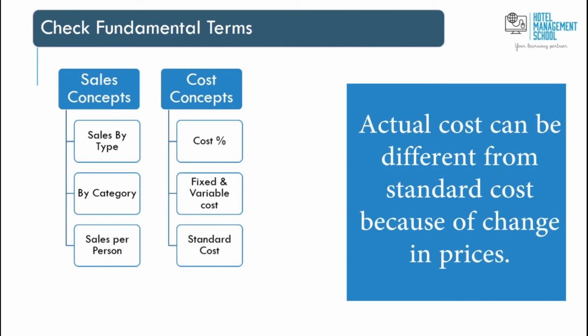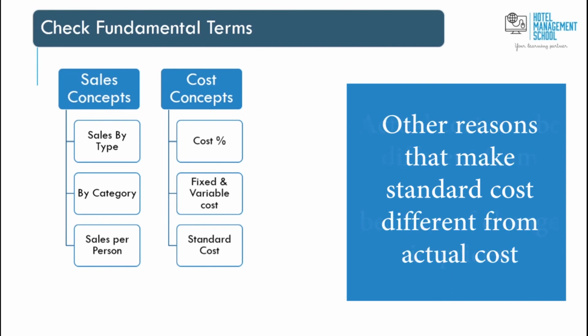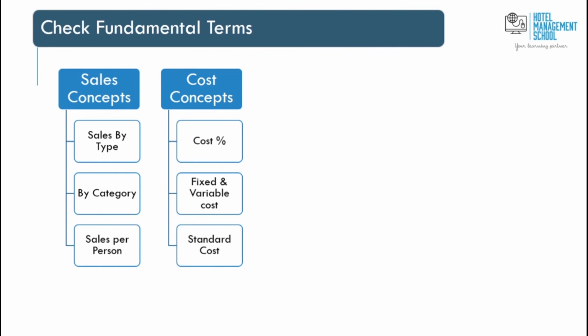Actual cost can be different from the standard cost, right? So what are the reasons? One reason I already told you: the change of price. What are the other things that can make standard cost different from the actual cost? Use of extra rice, right? Maybe when you are making fried rice, the chef is not measuring on the weighing scale.